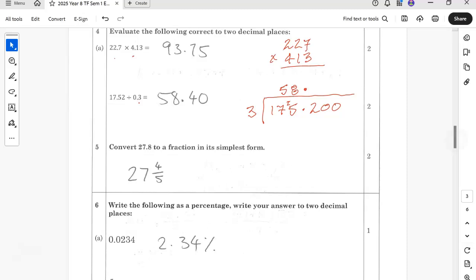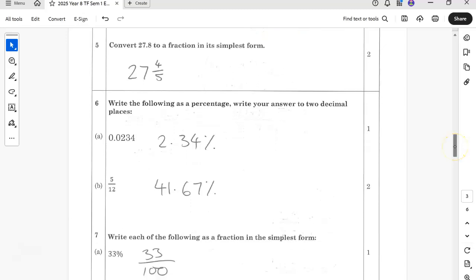Now this one here, you'll convert to a decimal fraction. You can't convert this to a fraction in its simplest form. It's already there. But 4 over 5 will equal 0.8. Sorry, I'm looking at the solutions and I shouldn't be doing that.